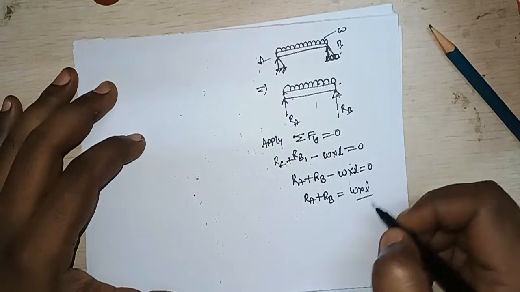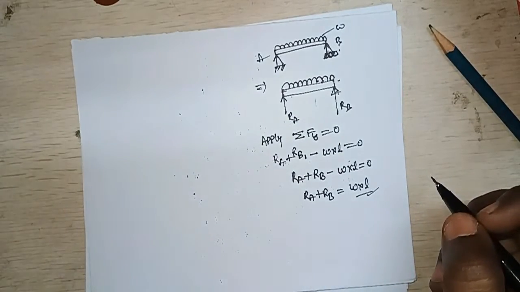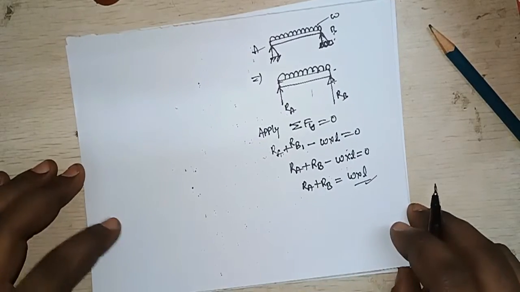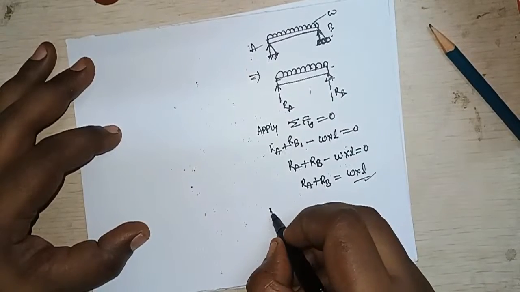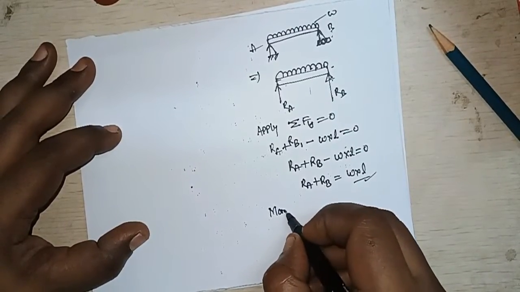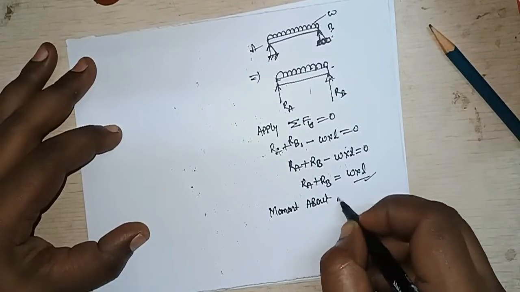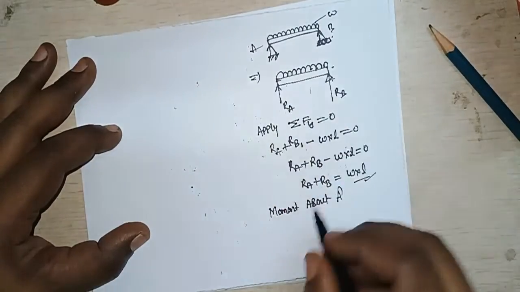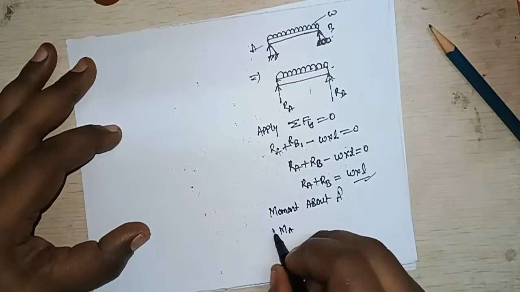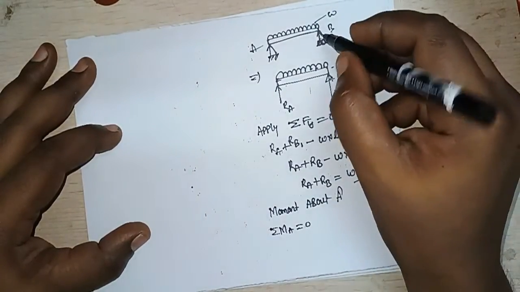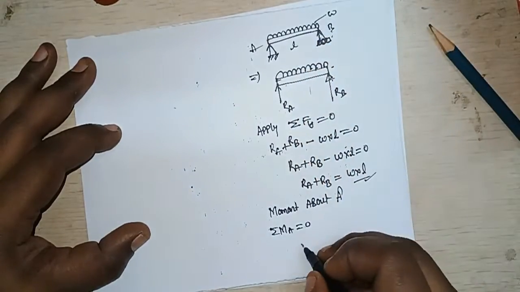Now once we have got this, RA plus RB is equal to WL, what we can do is take moment about A. Sum of the moments about A is equal to 0. So RB, what is the length? This is the length.